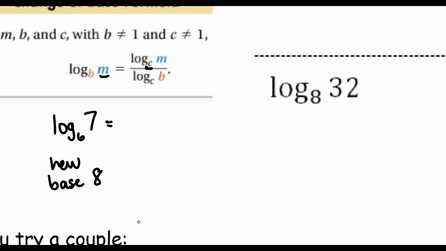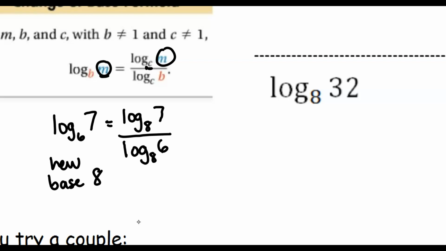So according to this formula, it's going to be log of my new base of my old input. So see how that's there? And divided by log of my new base of my old base. So log base 6 of 7 is equivalent to log base 8 of 7 divided by log base 8 of 6.